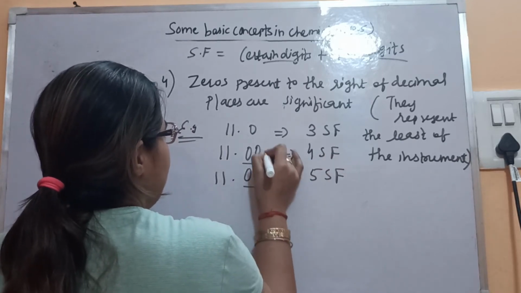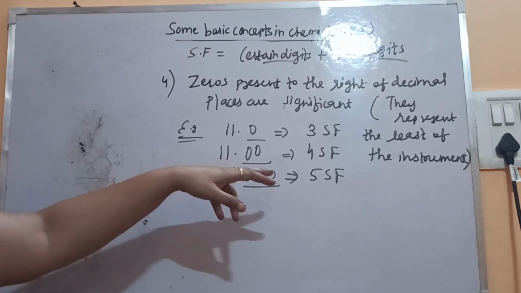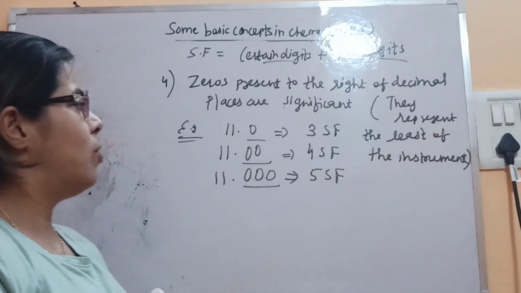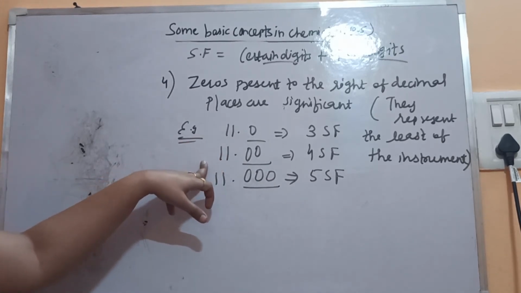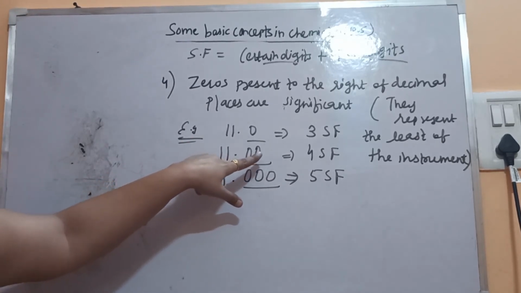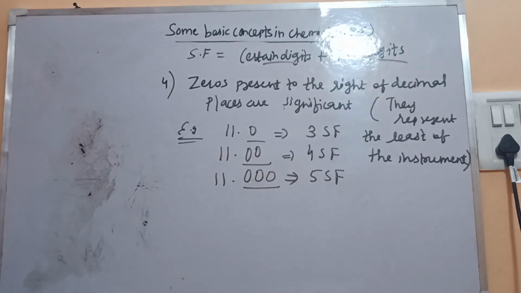These zeros are after the non-zero digit, and they represent the least count of the instrument. Like say it's 0.1, then up to 2 decimal places 0.01, 3 decimal places 0.001, and so on. So these are significant. Then let's see the next one.